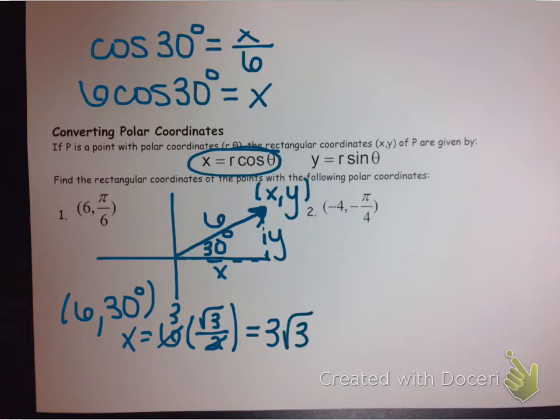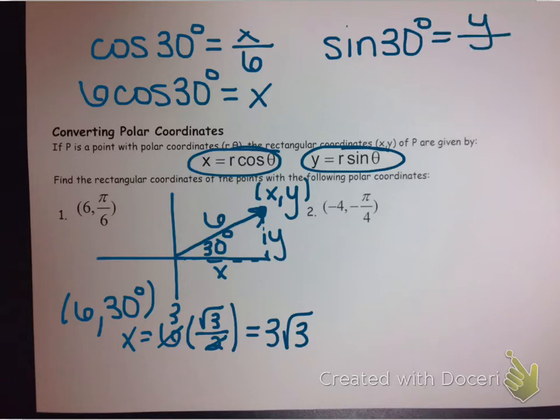And then this formula right here, the y coordinate, has done the same thing, but when you're solving for the y side, that's the side opposite from the 30-degree angle, so it would have been set up as sine of 30 degrees is equal to the opposite side over the hypotenuse, or r value. And so you would have 6 times the sine of 30 degrees is equal to y.